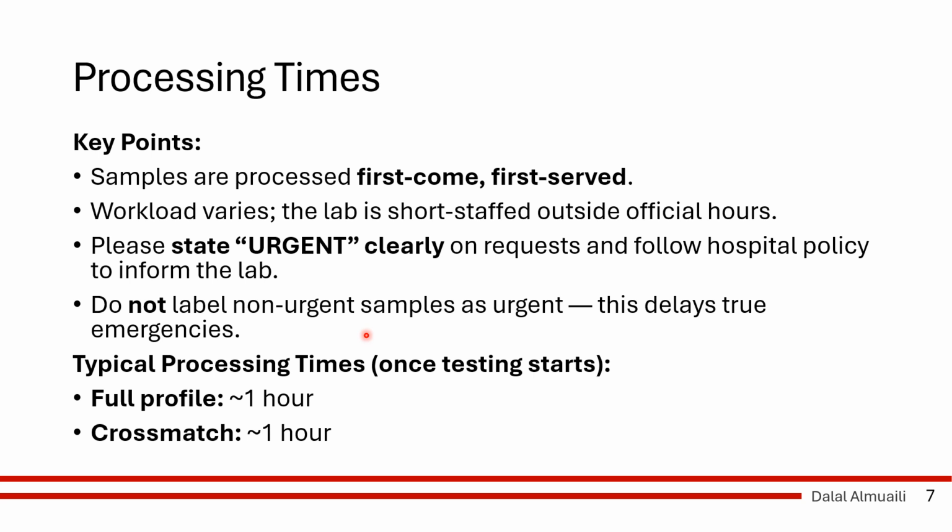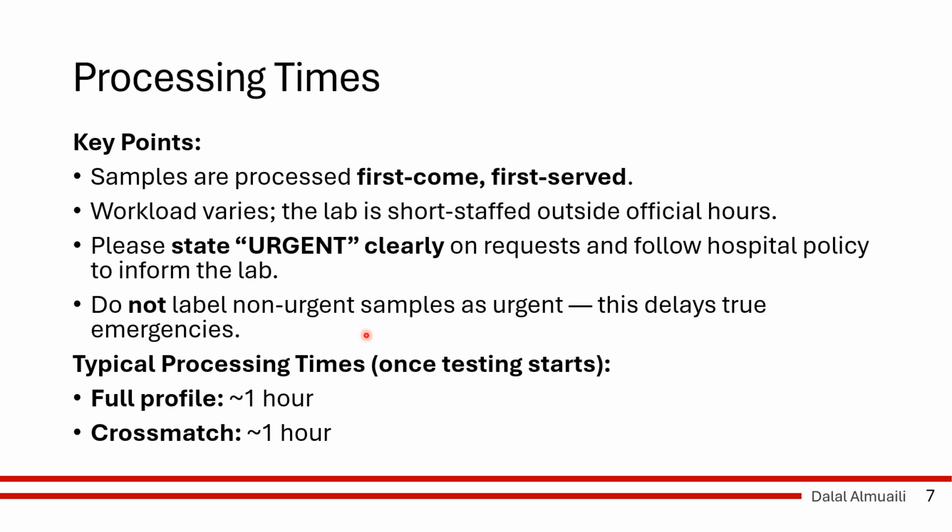When you label your sample as urgent, it will skip the line and it will take the time of the technician or the scientist in the blood bank away from other patients. If other patients are really urgent, they will be delayed because of your sample. And therefore, you will not benefit your patient because your patient wasn't really urgent.